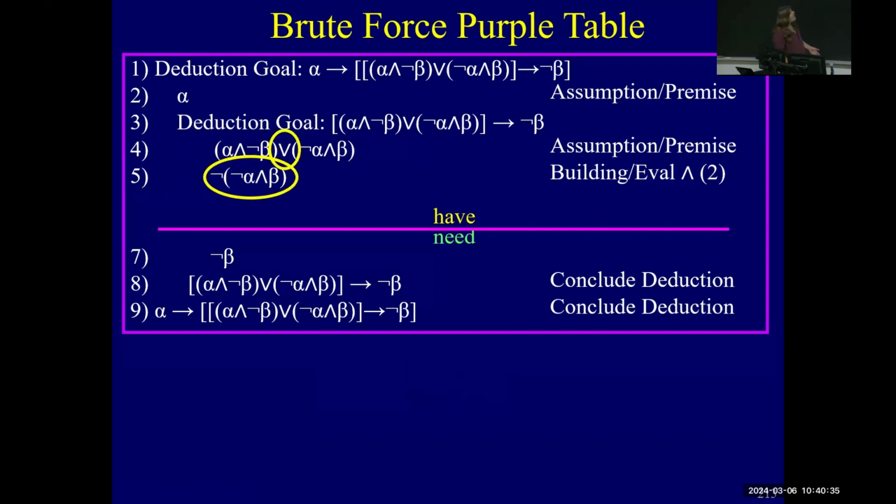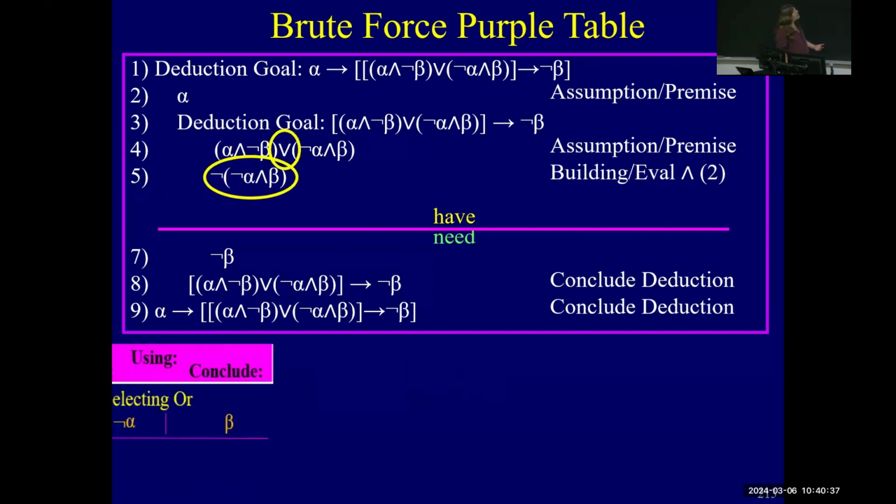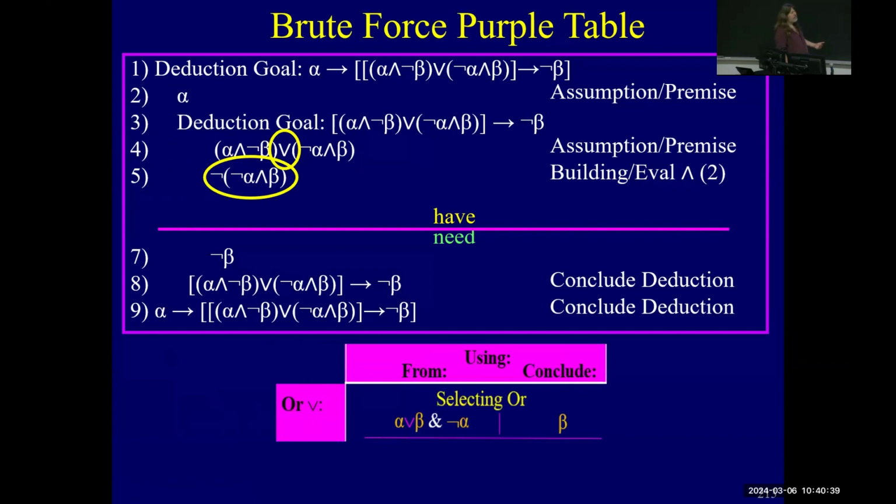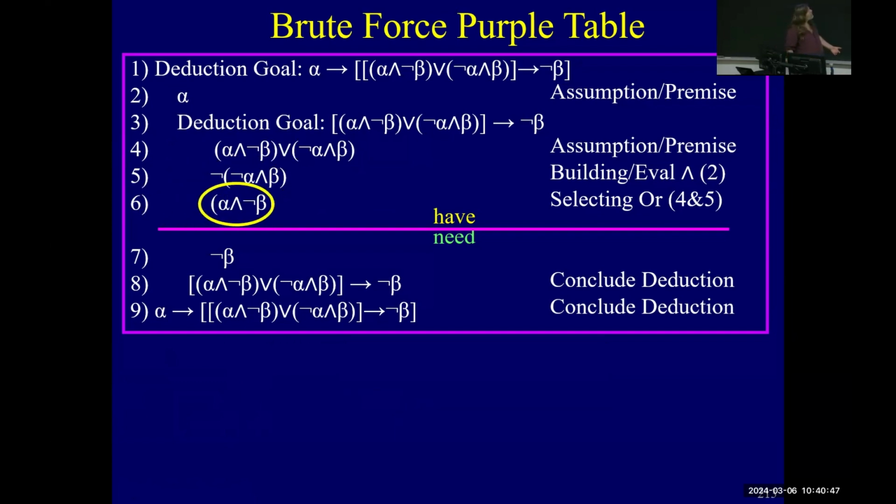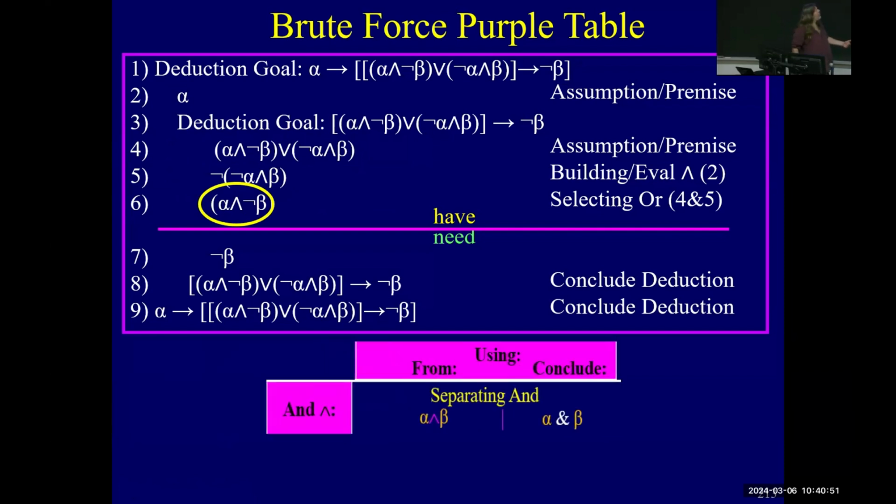So we have that, and then now we can do selective OR, right, to get the other one. And when we have the other one, now it's an AND, so I can separate and get beta. All right, everybody see that?